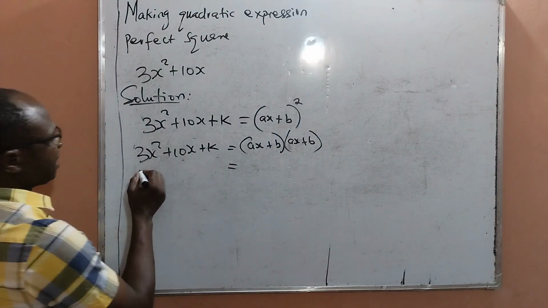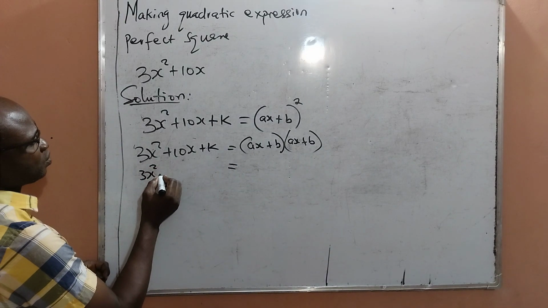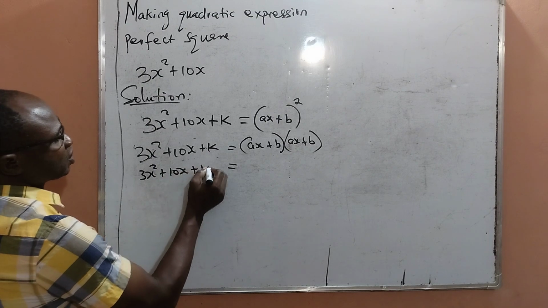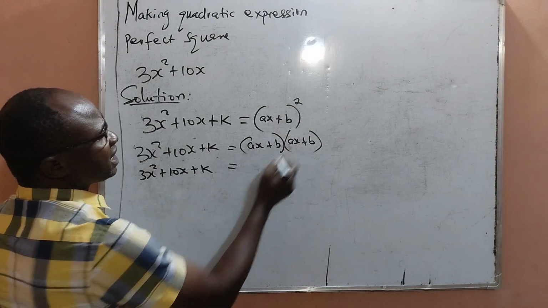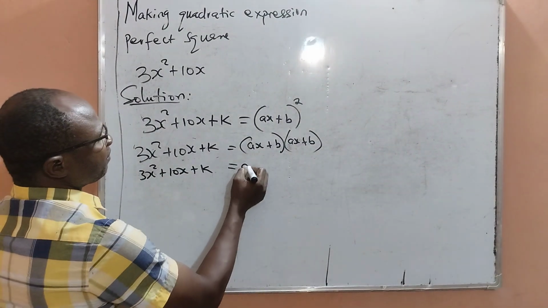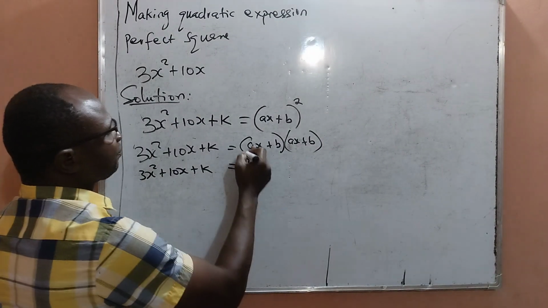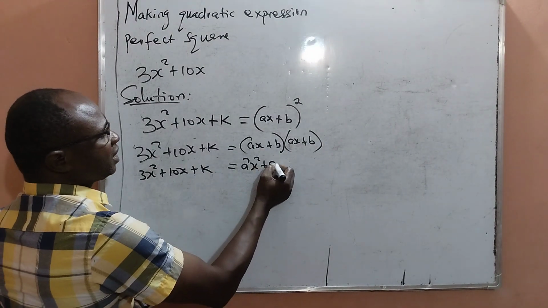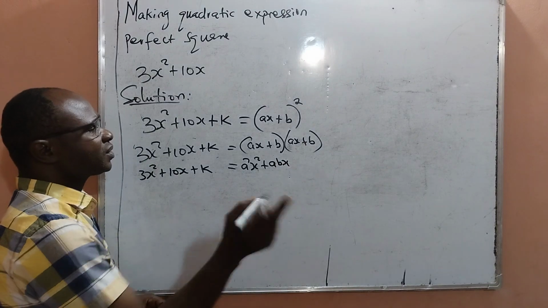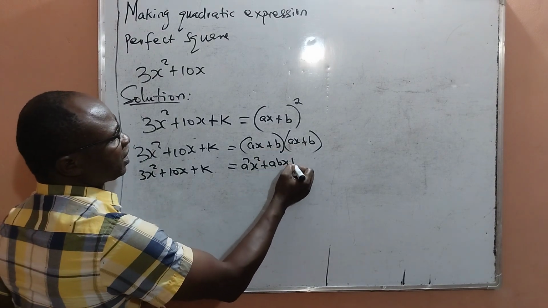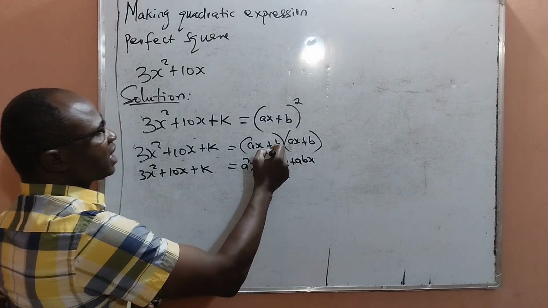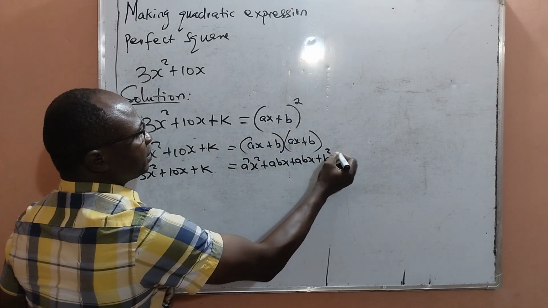And when it is expanded, I am going to get 3x squared plus 10x plus k equal to ax times ax, which gives a squared x squared. ax times b gives abx. Also, b multiplied by ax gives abx, and b multiplied by b gives b squared.